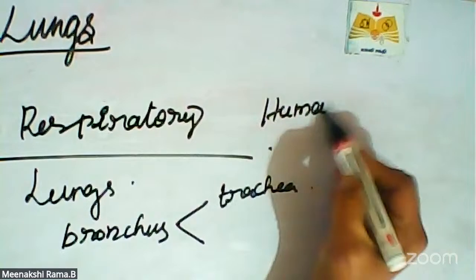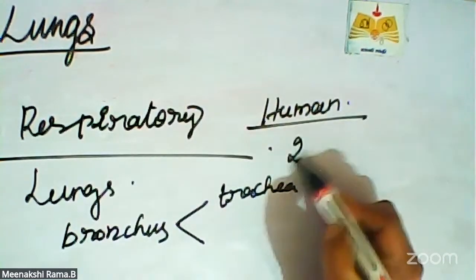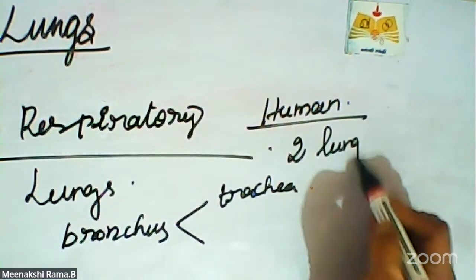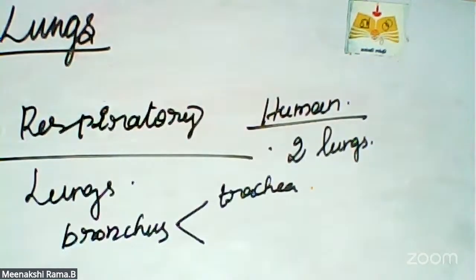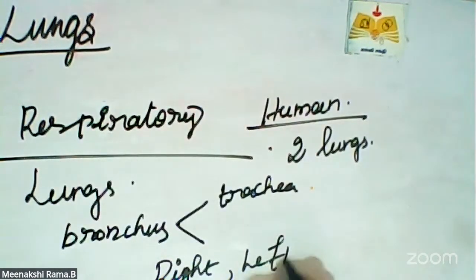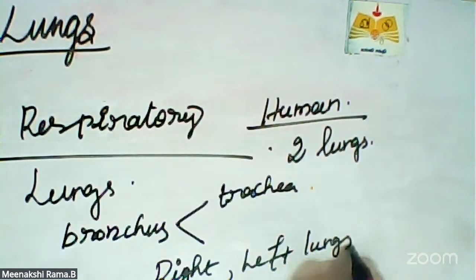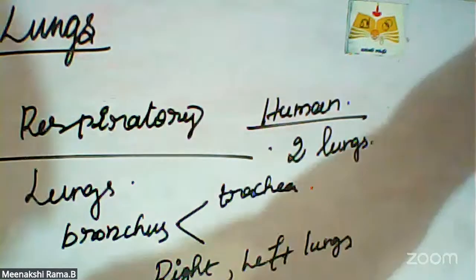Yes, in our body we have two lungs in our chest, the right lung and the left lung. It is found near the backbone.